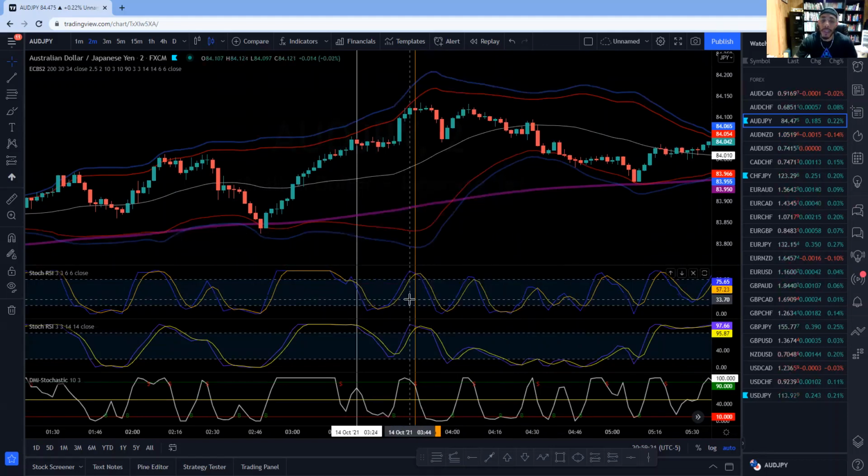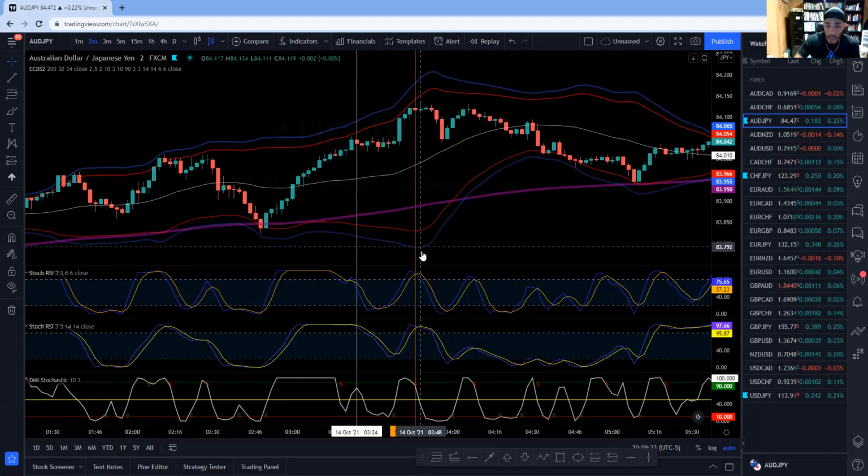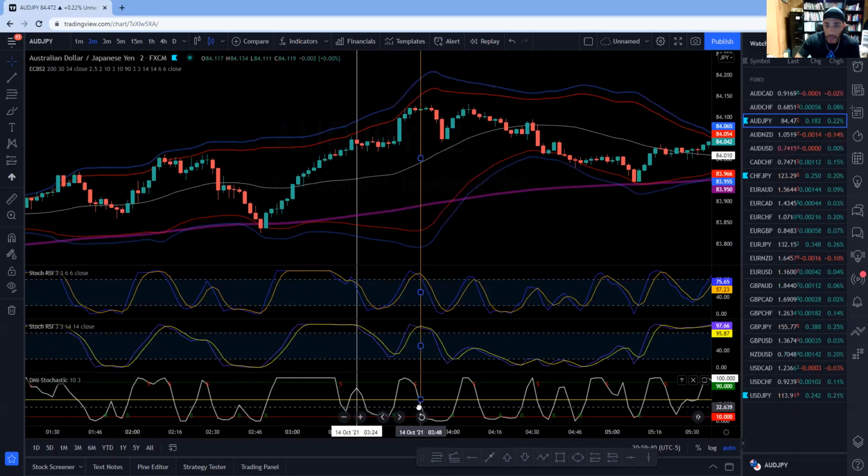And remember what we wait for on the extension? We wait for a candle to close and this line to close below this 50 level. So if you come to this next candle, look, we're going to move this over just one.